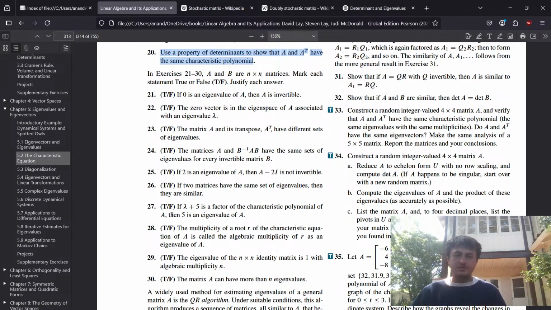All right, 21. If 0 is an eigenvalue, then, okay, 21 false. If 0 is an eigenvalue, that means you have A times X equal to 0 times X, so there's a non-trivial solution of AX equal to 0, because 0 times X is 0.